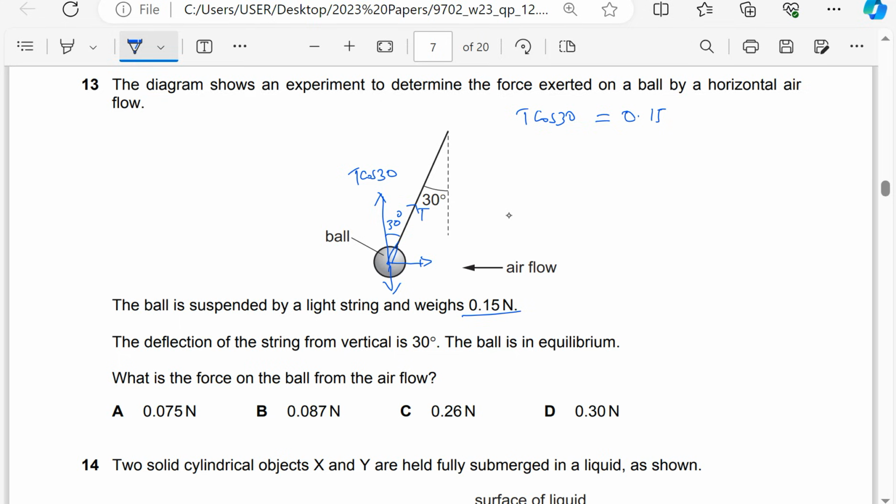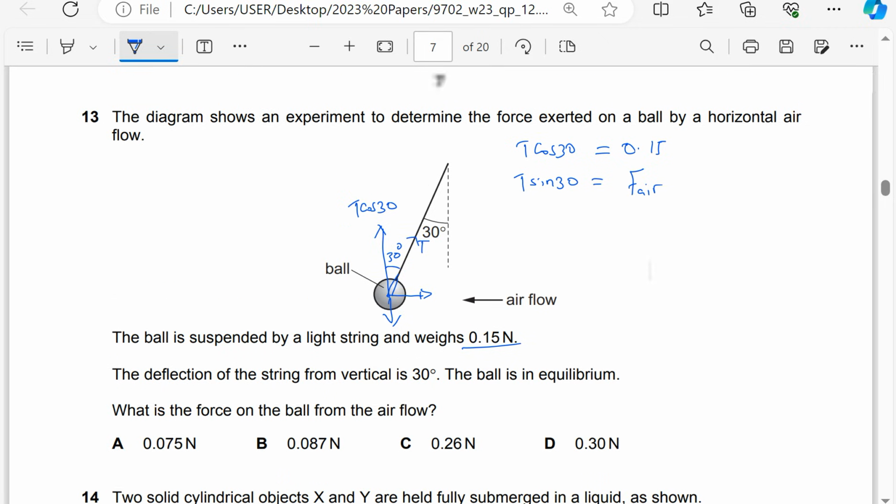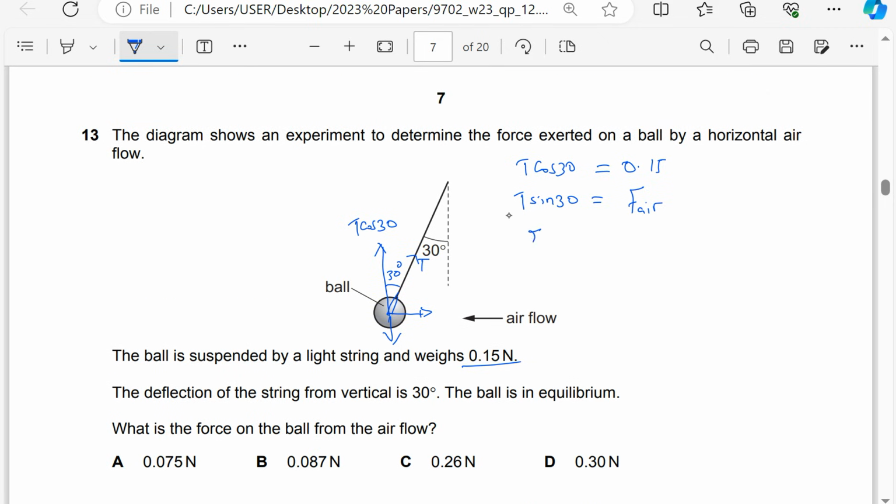Then in the horizontal, it will be sine. So T sin 30 will be equal to the force due to airflow, which I'll call F air. So I'll just divide the two equations. F air divided by 0.15 is the same as T sin 30 divided by T cos 30, or tan 30.